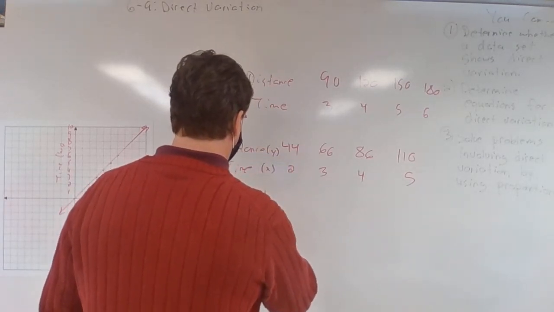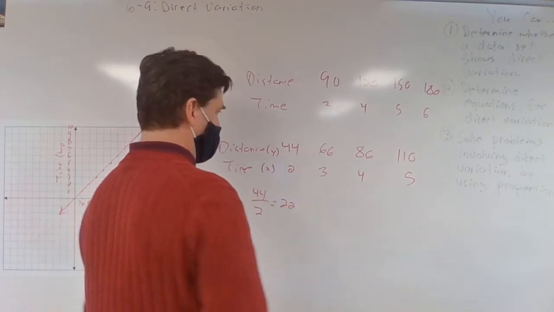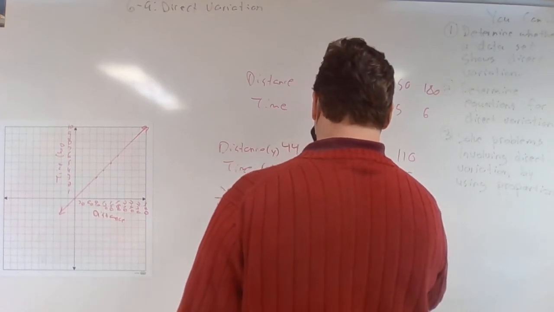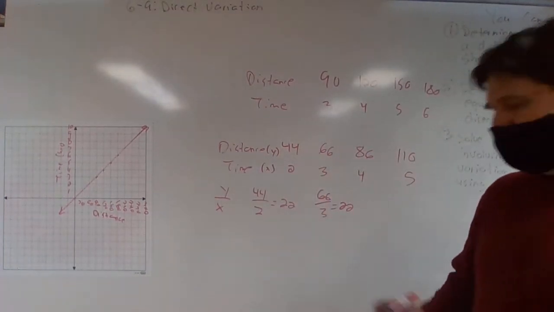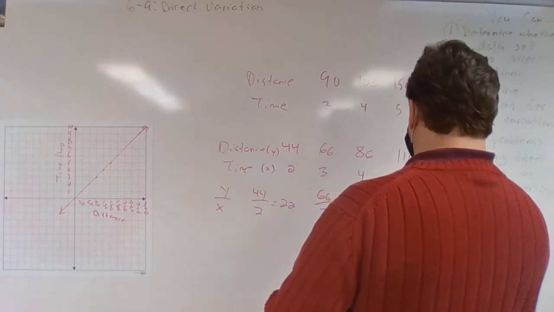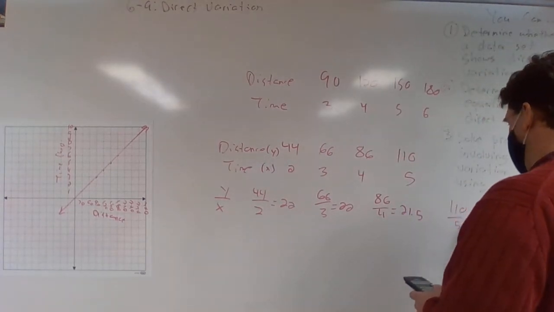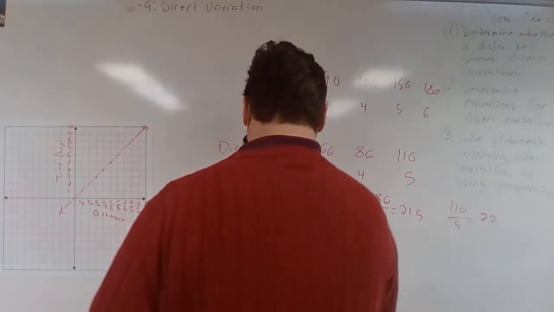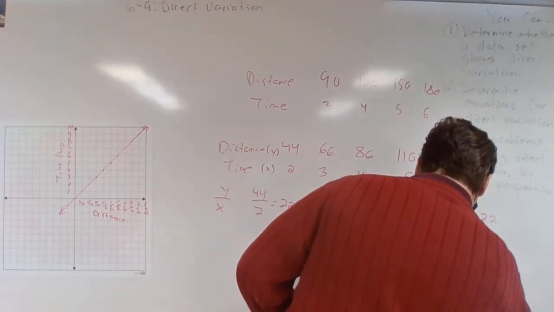So 44, basically it's Y over X. 44 divided by 2 equals 22. Next one, 66 over 3 equals 22. Next one, 86 over 4 equals 21.5. Last one, 110 over 5 equals 22. So now I look at my 4 points: 22, 22, 21.5, and 22.